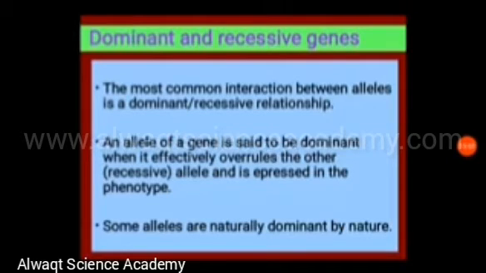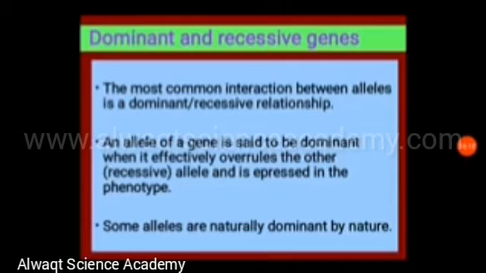But we should also understand that there are some alleles that are naturally dominant. In the case of skin color, the allele for normal skin color pigmentation is dominant in man. So whenever it is present, even if the individual has inherited the other allele for abnormal skin color, the one for normal skin color will dominate. So that is referred to as the dominant allele.